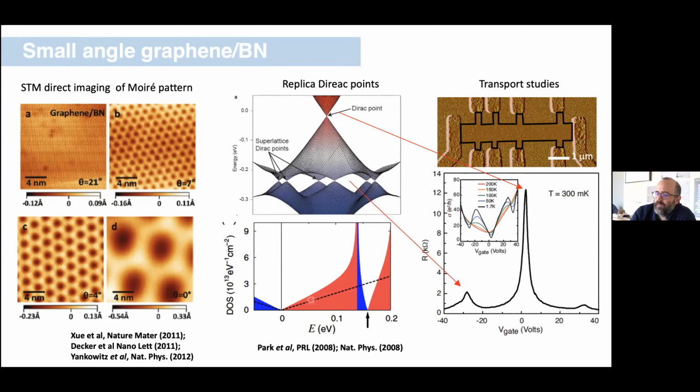In the density of states below here, there's a zero density of states at the native Dirac point, and then a second zero density of states at some higher energy, the satellite Dirac point. And so now if I measure transport in this system, what I see is not a single resistance peak, but 3 resistance peaks. And those correspond to when I move my chemical potential, or my Fermi energy, from this point to this point. I'm drawing only half the structure. There's an equivalent satellite Dirac point on the other side of the charge neutrality point.